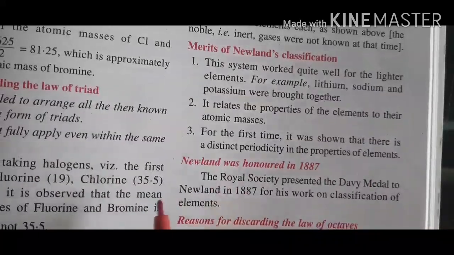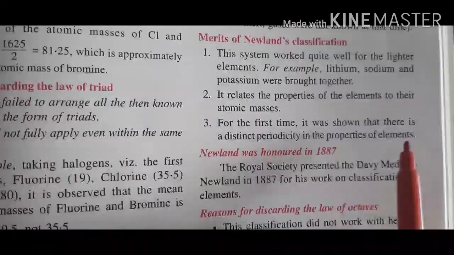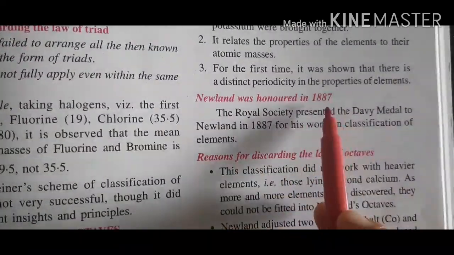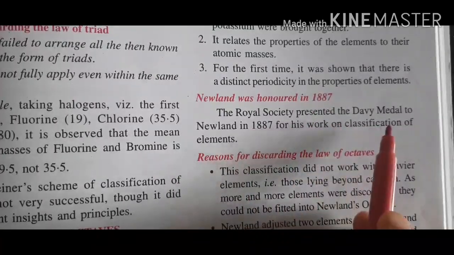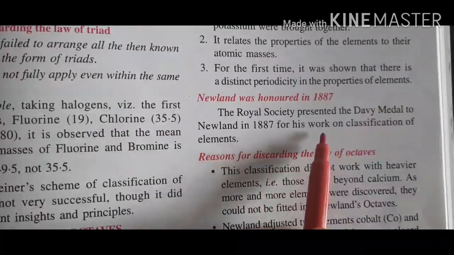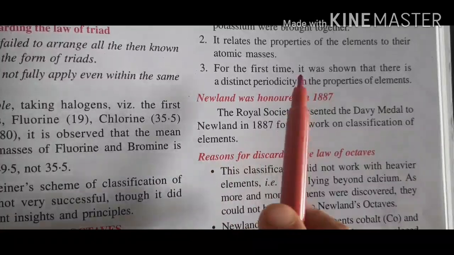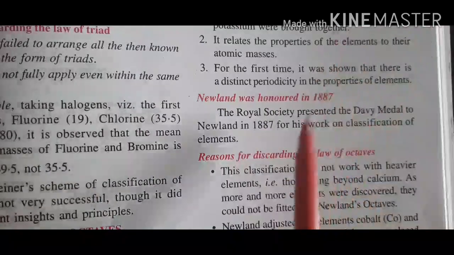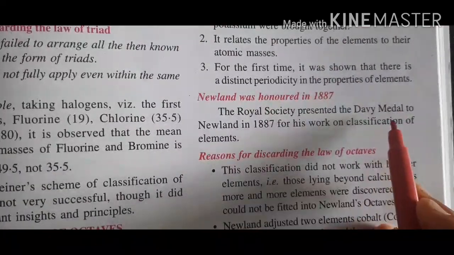Because of this octave rule, Newlands was honored: the Royal Society presented the Davy Medal to Newlands in 1887 for his work on the classification of the elements, because he did the element arrangement very nicely.